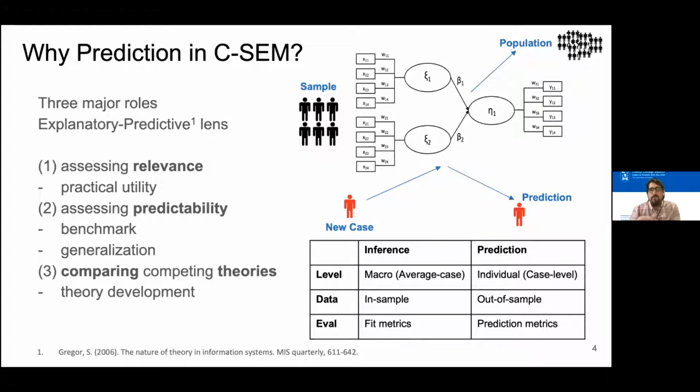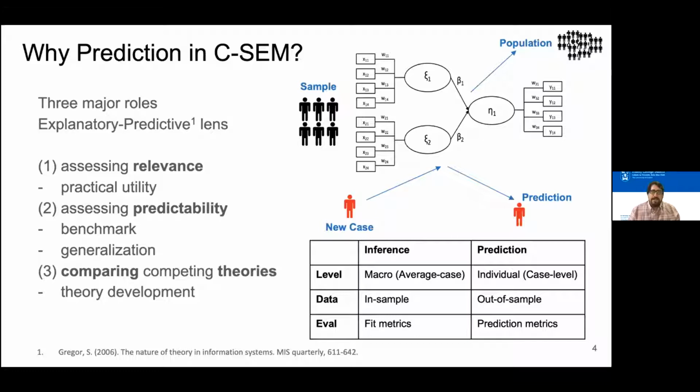That's seldom of use to a practitioner who wants to know how well this model will be applied in practice for me. Predictive errors and predictive accuracy give further evidence about the actual utility for practitioners. Further than that, assessing predictability provides additional benchmarks for us to talk about our models and to speak about how those models generalize. These metrics also allow us to compare competing theories, thus enriching our ability to conduct theory development.